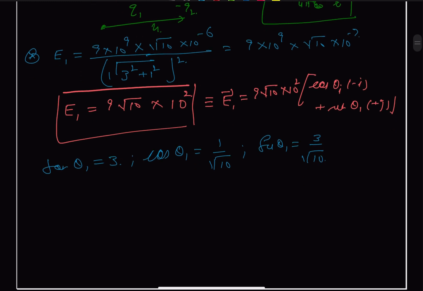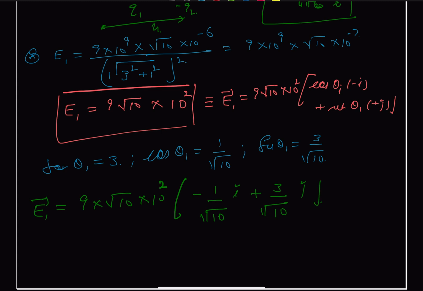This gives us E1 equal to 9 square root of 10 into 10 raised to the power 2, times minus 1 upon square root of 10 i unit vector plus 3 upon square root of 10 j unit vector.